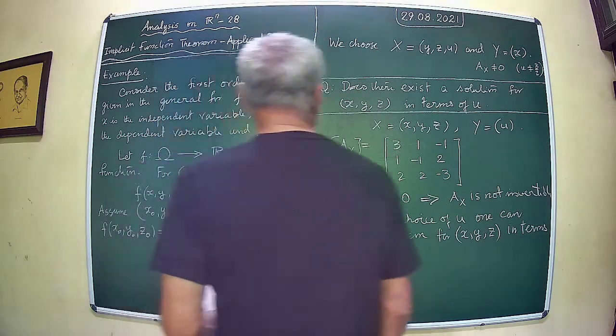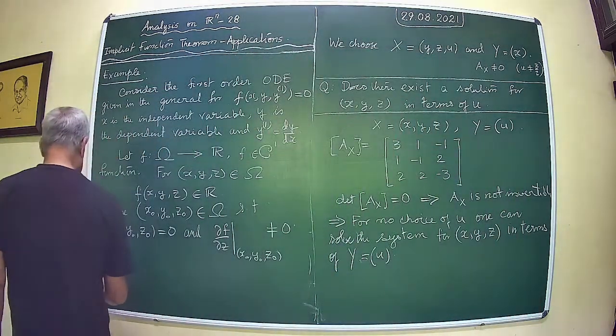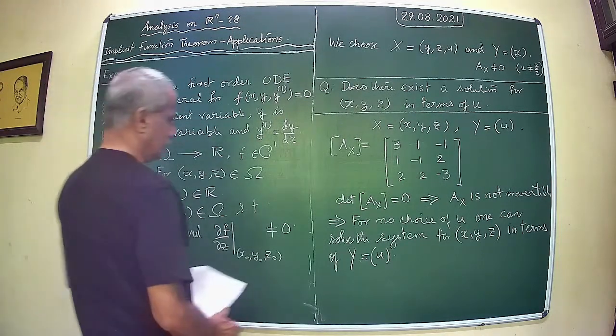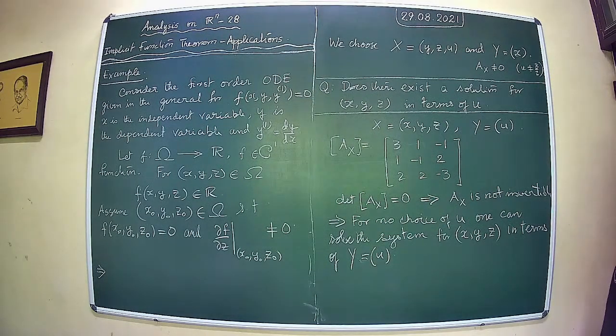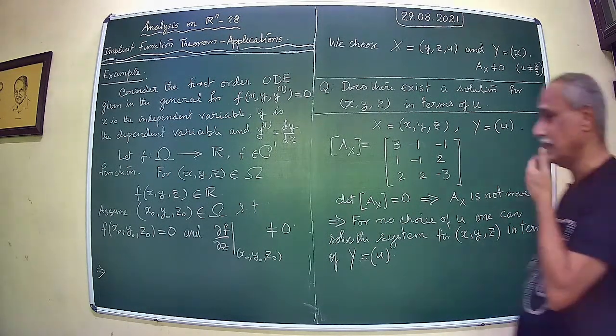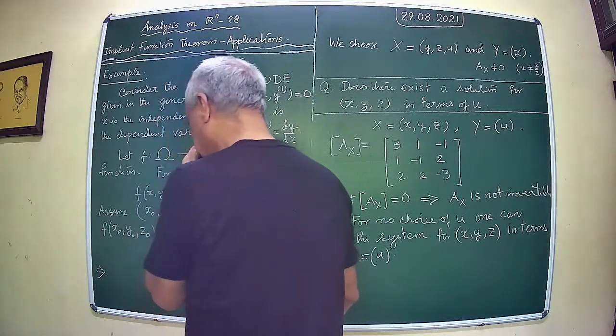Then we can immediately apply, this implies the following. We are applying the implicit function theorem. So you write this in this particular form.